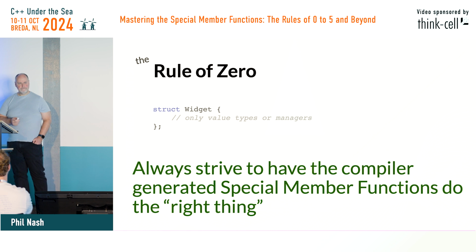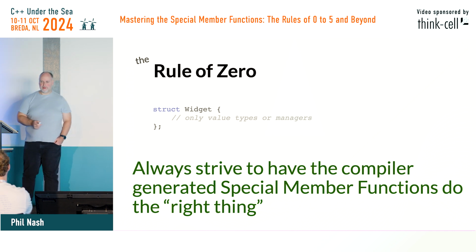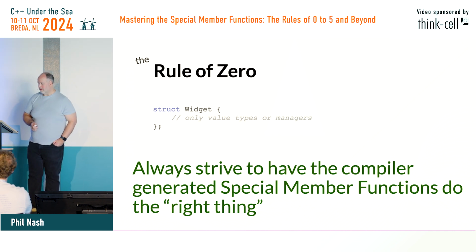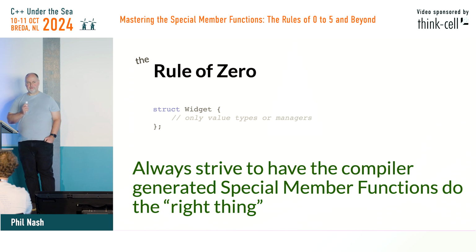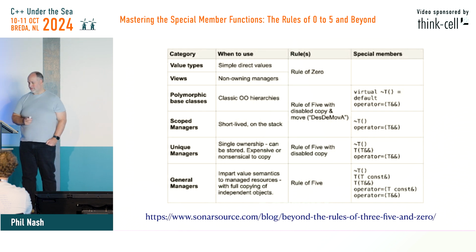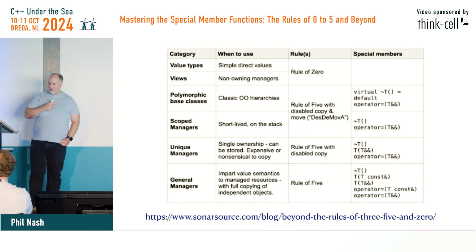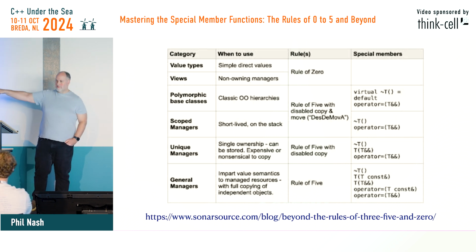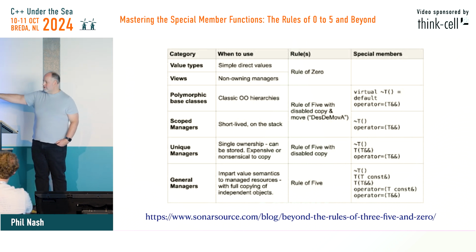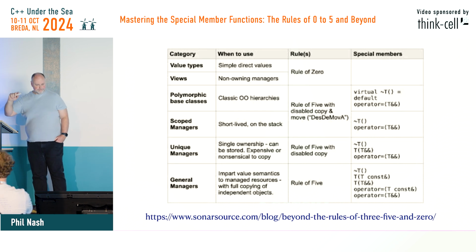All right. The title was the rules of 0, 3, and 5, and beyond. So we do just have a bit of time to go a little bit beyond. And I've already invoked the word manager. What do I really mean by that? Apologies for the slight blurriness here. I just copied this table from a blog post that I wrote a couple of years ago when I was working at Sonar.